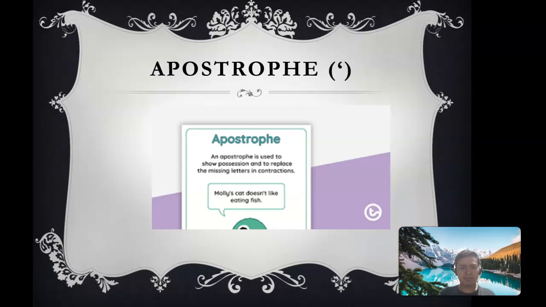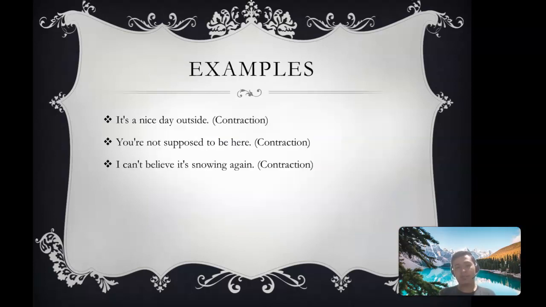And then we have the apostrophe. The apostrophe is used to show possession and to replace the missing letters in contractions. As well, we can say that it is used to make words shorter. For example, it is a nice day outside. It is, in this case, a subject.